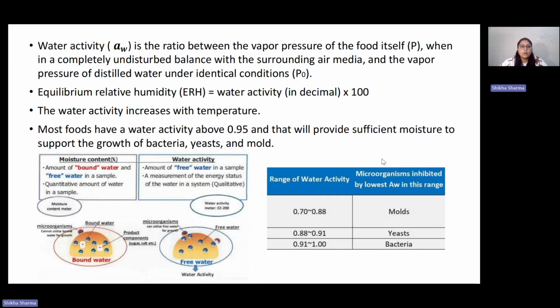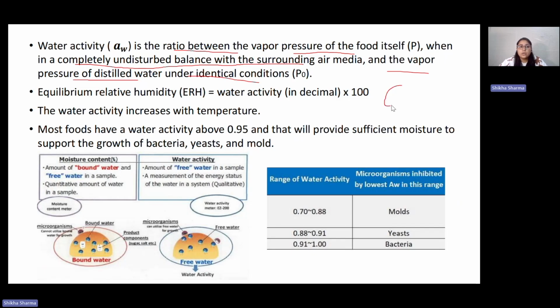Then the water activity. The water activity is basically an inherent property of the food product. It is a ratio between the vapor pressure of the food itself when in completely undisturbed balance with the surrounding air media, and the vapor pressure of distilled water under identical conditions.